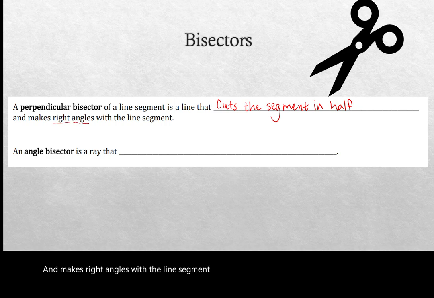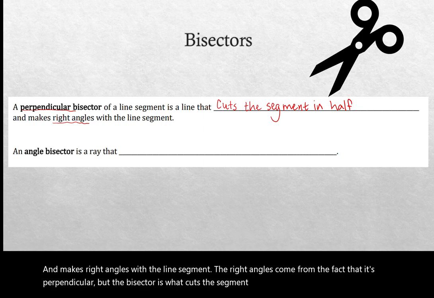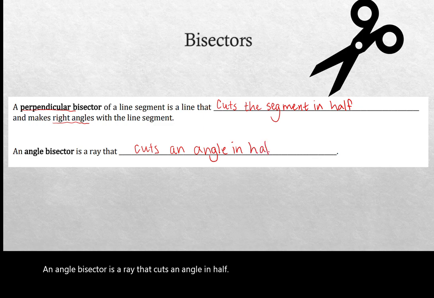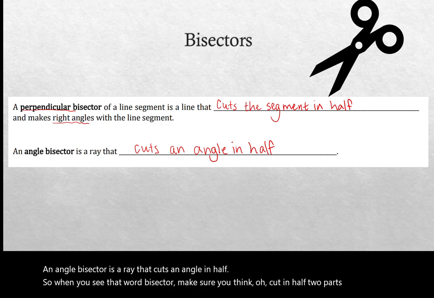The right angles come from the fact that it's perpendicular, but the bisector is what cuts the segment in half. An angle bisector is a ray that cuts an angle in half. So when you see that word bisector, make sure you think, oh, cut in half. Two parts, cut.